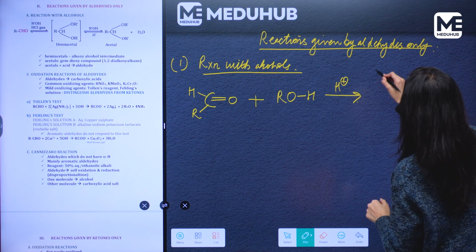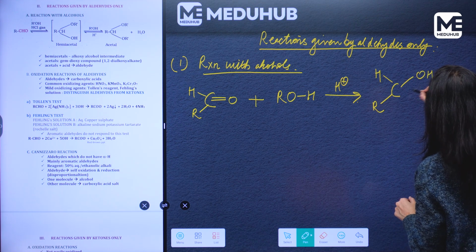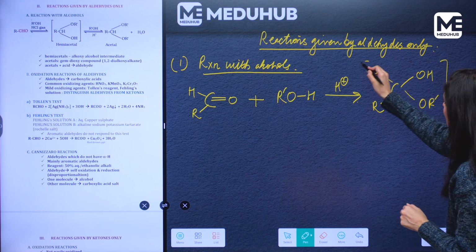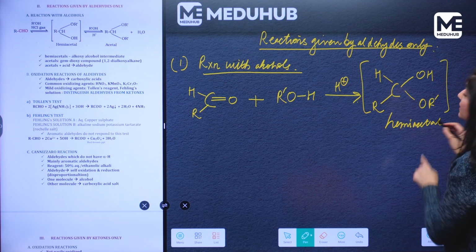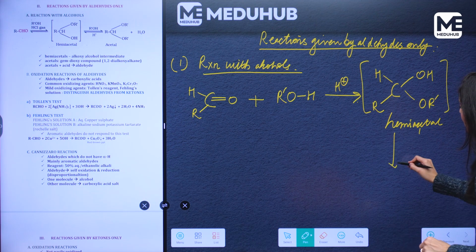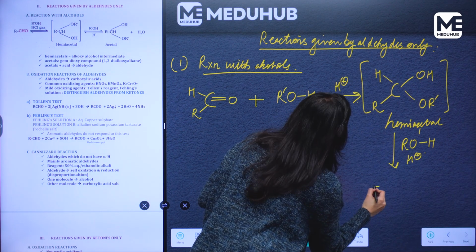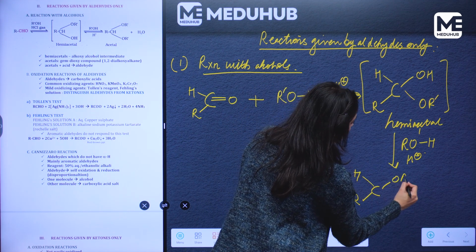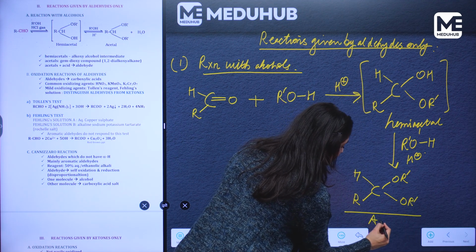So we will get this, with R dash to distinguish. This is a hemiacetal. This hemiacetal readily combines with another molecule of alcohol, in the presence of acid, to give an acetal. So OR dash, OR dash. This is an acetal.